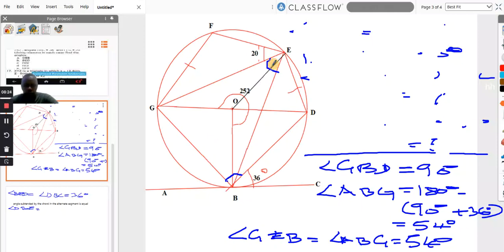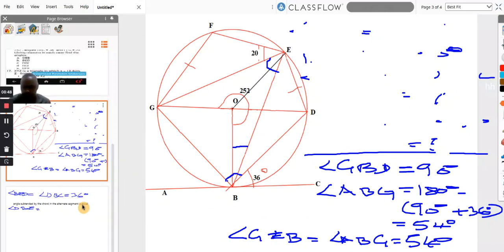So angle OBE, this angle here. Now this one we have two ways. We can decide to calculate angle O or to find OBE, and then we subtract angle EBD.